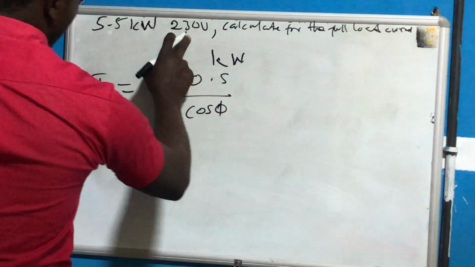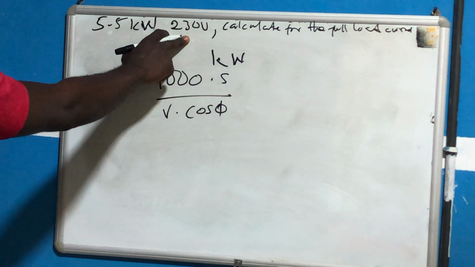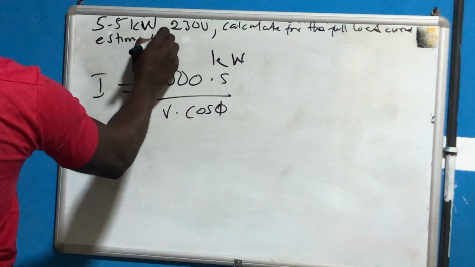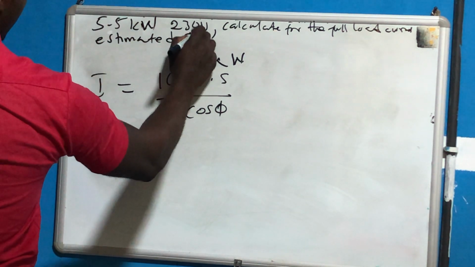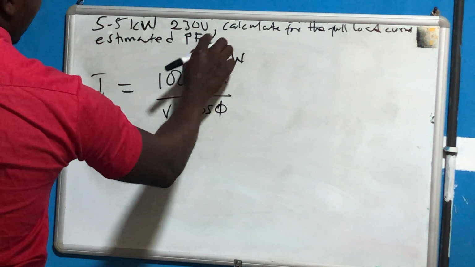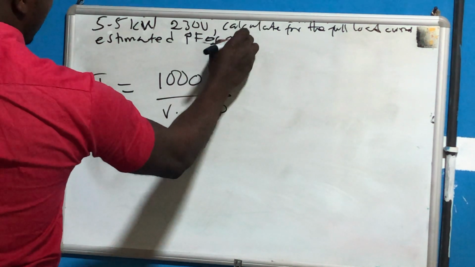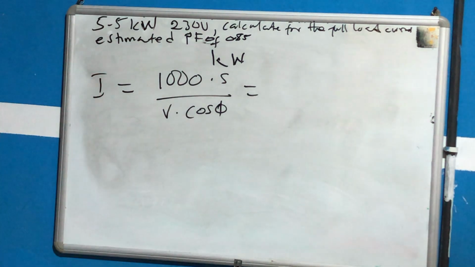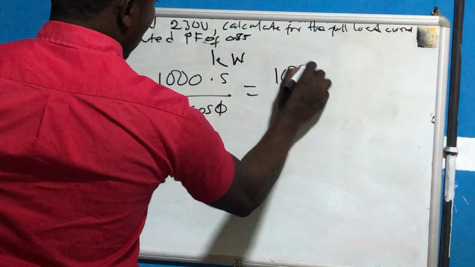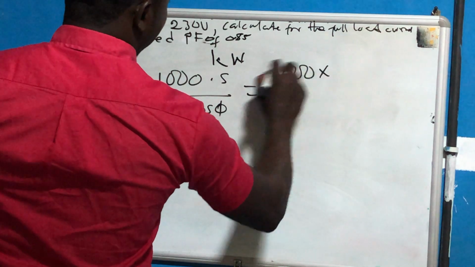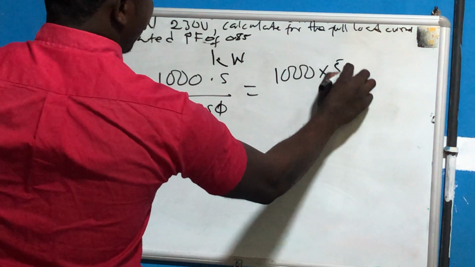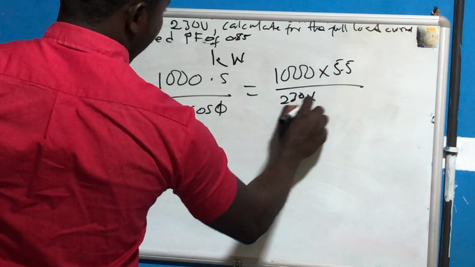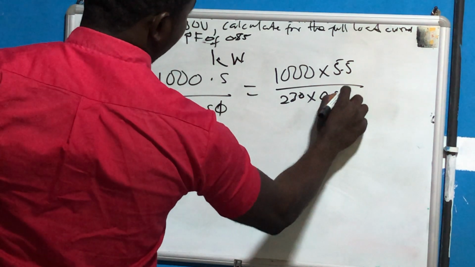So now for this generator, we are using the same question, but now there will be an estimated power factor. PF is equal to a power factor of 0.85. So now let's substitute in the formula. 1000 times the rating 5.5 over the voltage 230 times the power factor 0.85.